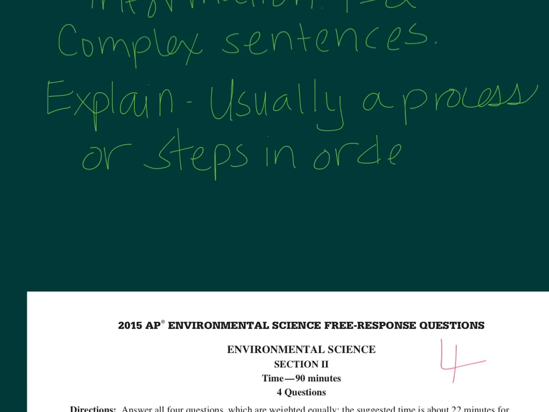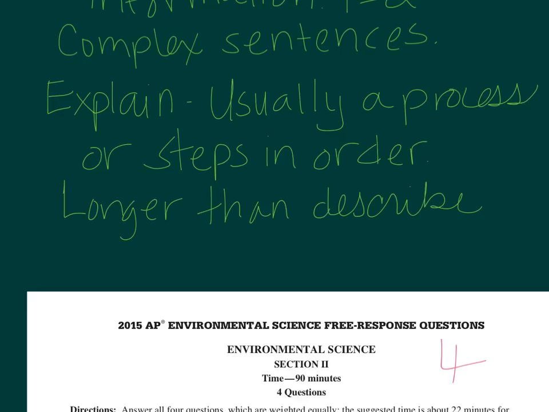So when you see the word explain, that's an indication, okay, what kinds of process or steps can I describe? And that can give you some direction. And this will be longer than describe. Usually it's 2 or more points. So a describe is usually 1 point, an explain is usually 2 or 3 points because they want you to talk about multiple steps or multiple parts of a process.